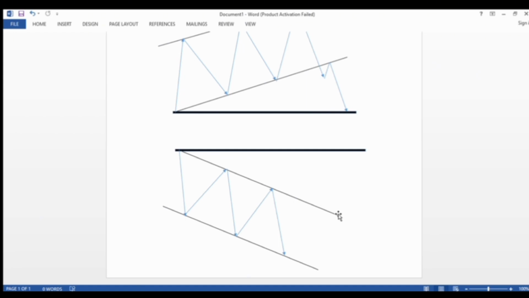You get my point? And in a selling trend, what you need to know is that the sellers are stronger than the buyers. You get my point? Because we are in a selling trend, the sellers have to be stronger than the buyers.